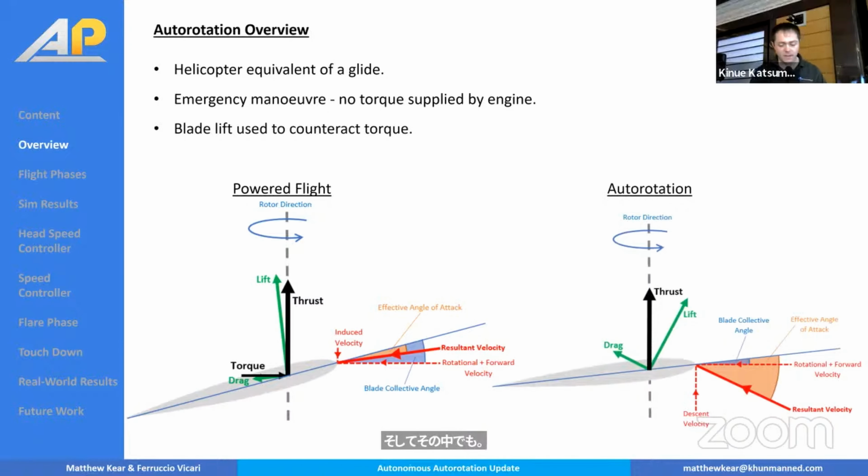In the autorotation case, one of the two different things here is that we've got a significant descent velocity component, and then we're managing the blade collective angle, so the pitch of the blade, such that we can manipulate our lift vector so that it's facing forward. The in-plane component of the lift vector is then what drives the main rotor around, and that's what enables us to maintain safe flight.